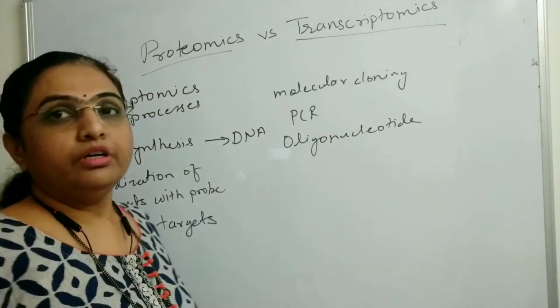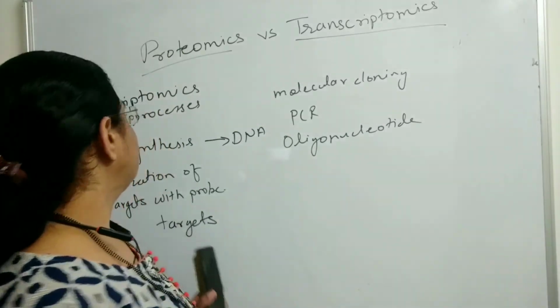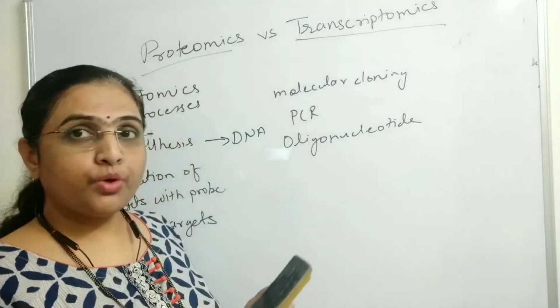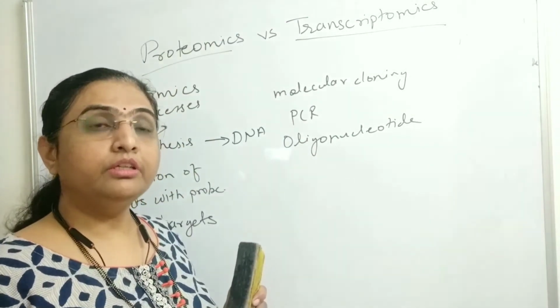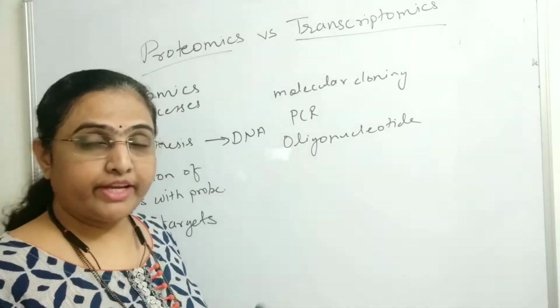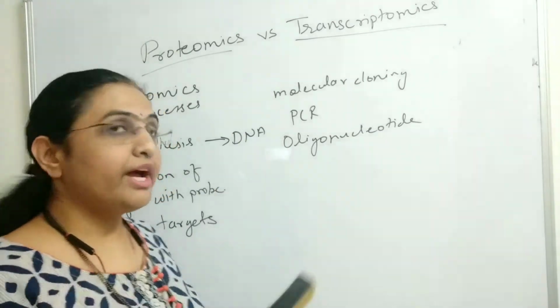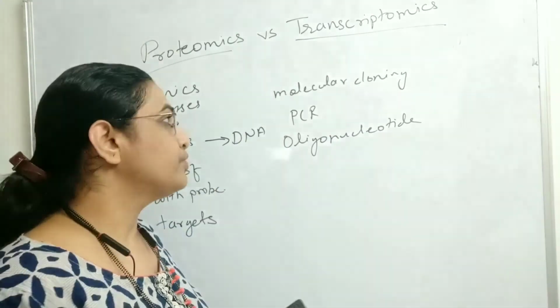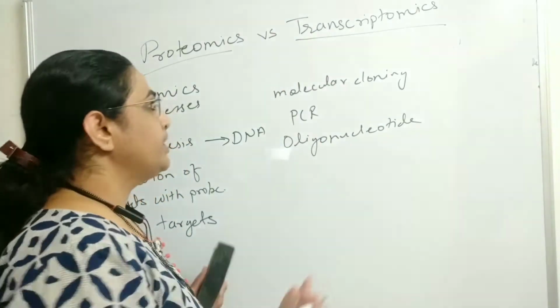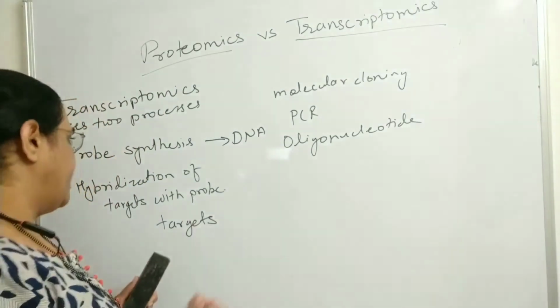So the probes are taken from molecular cloning, amplification of the DNA, or by direct synthesis of the oligonucleotide over the genes. In this way the gene chips are made.